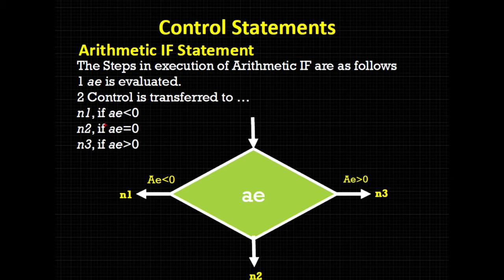Control is transferred to n1 when the arithmetic expression is less than 0, meaning negative. It is transferred to n2 when the arithmetic expression is equal to 0, and to n3 when it is greater than 0. So this is how arithmetic if works.